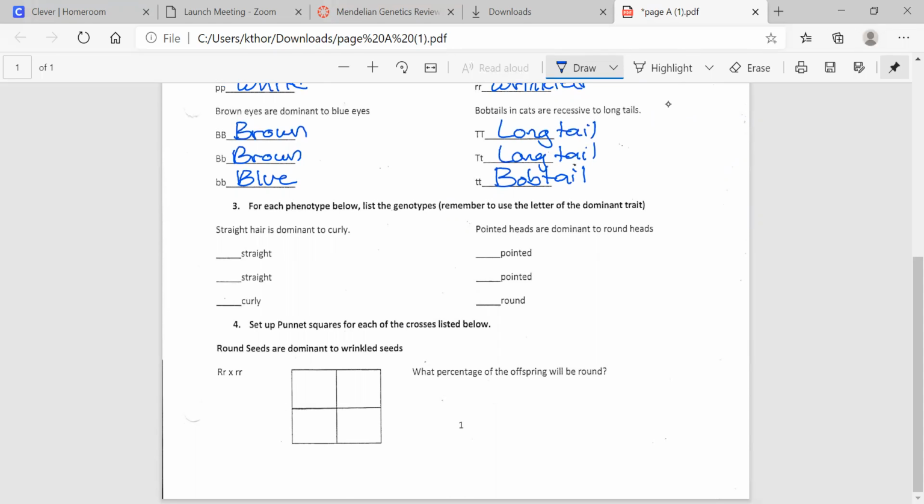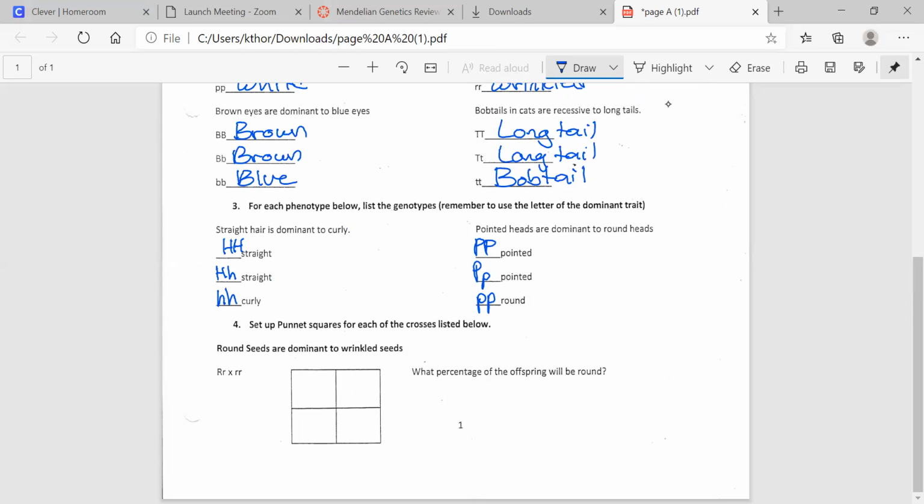Straight hair is dominant to curly. Straight, that's homozygous dominant. Heterozygous, homozygous recessive. Pointed heads are dominant over round heads. Homozygous dominant, heterozygous, homozygous recessive.